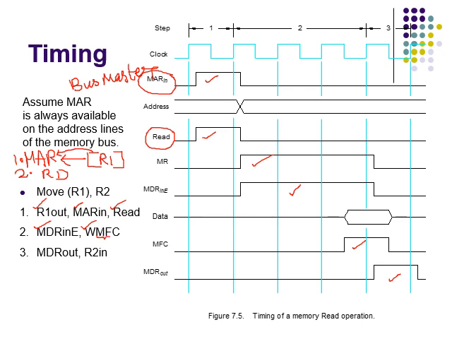Next, MDR out and R2 in, where WMFC is a control signal that causes the processor control circuitry to wait for the arrival of the MFC signal. So it is nothing but a wait signal which is being used until the MFC signal arrives.